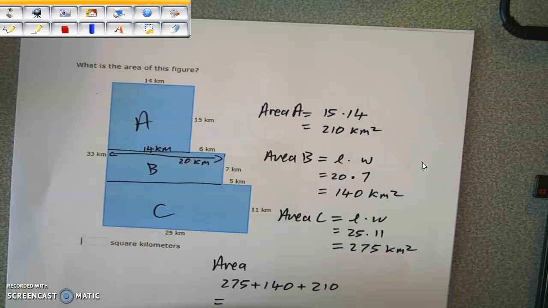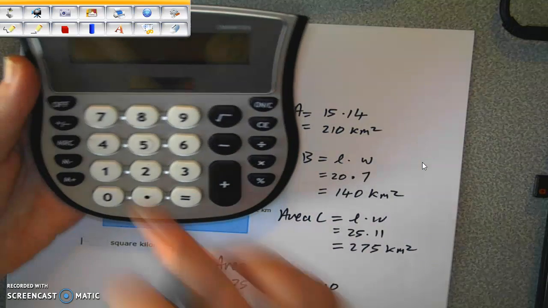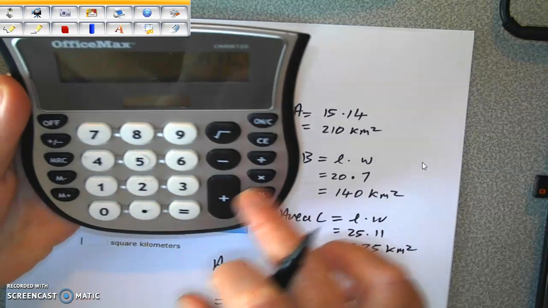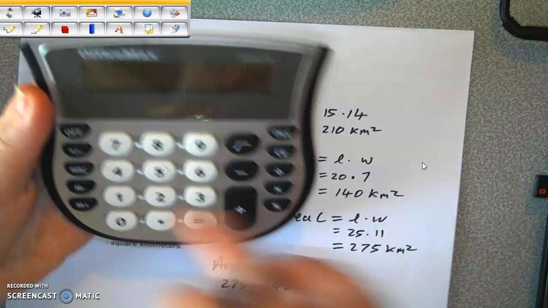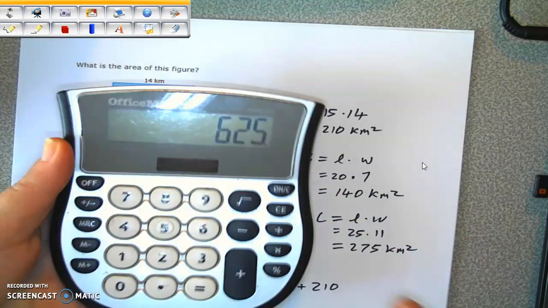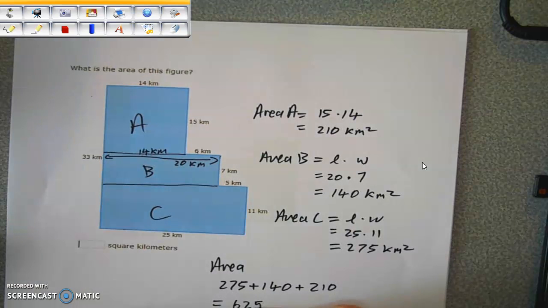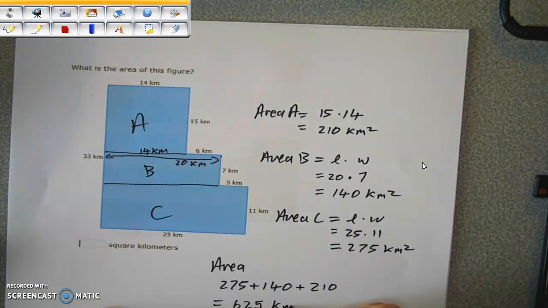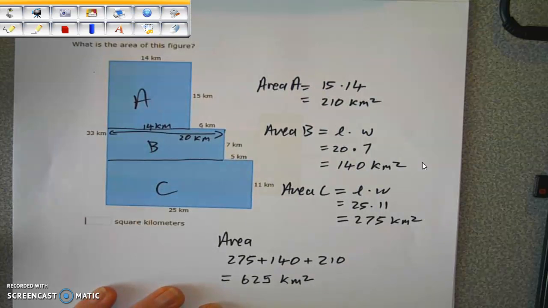And on my calculator, I get 625 as my answer. Remember your units, guys. It's always important, kilometers squared. Always important to include your units.